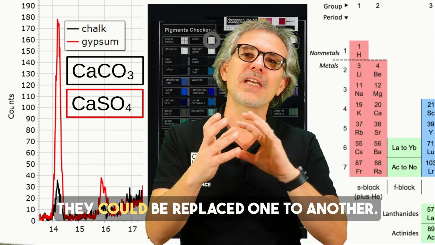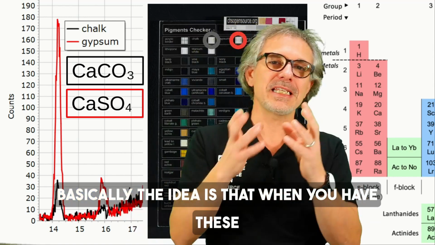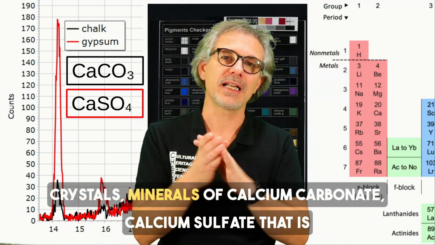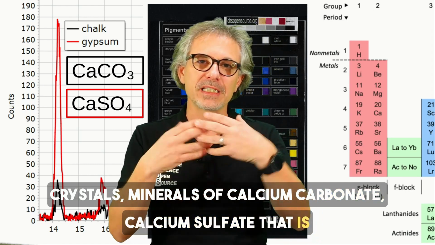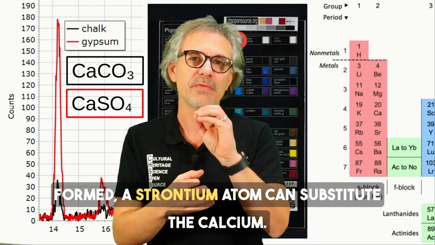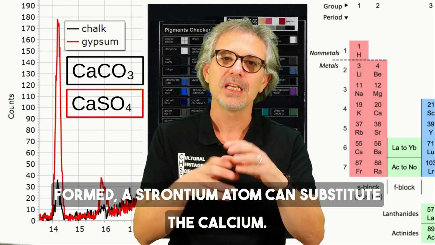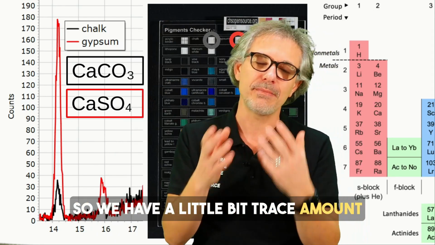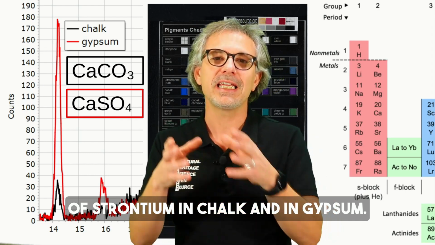They can be replaced one by another. Basically, when these crystals, minerals of calcium carbonate and calcium sulfate, are formed, a strontium atom can substitute for calcium. So we have a trace amount of strontium in chalk and in gypsum.